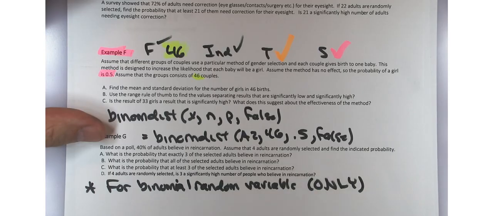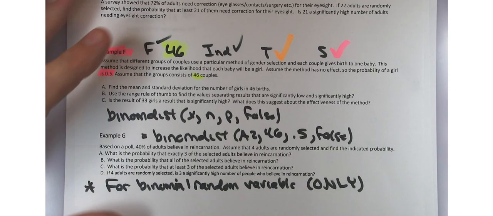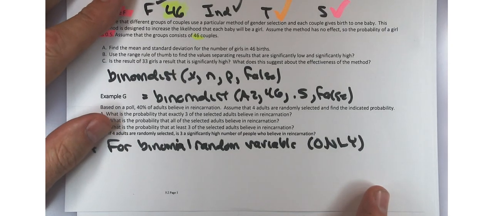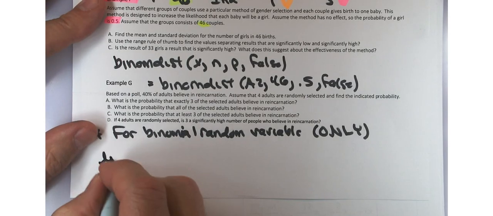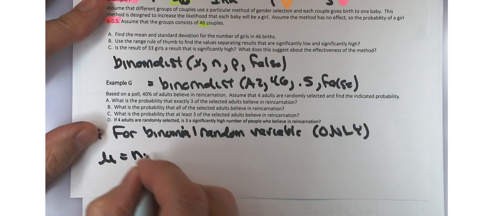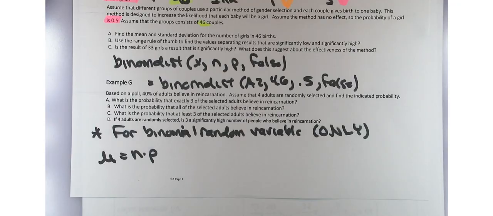I get people who want to use this for everything. I'm sorry, it only works for binomial random variables. Mu is going to equal n times p. Wow, that's a lot easier than the x times p of x and then summing it all up.